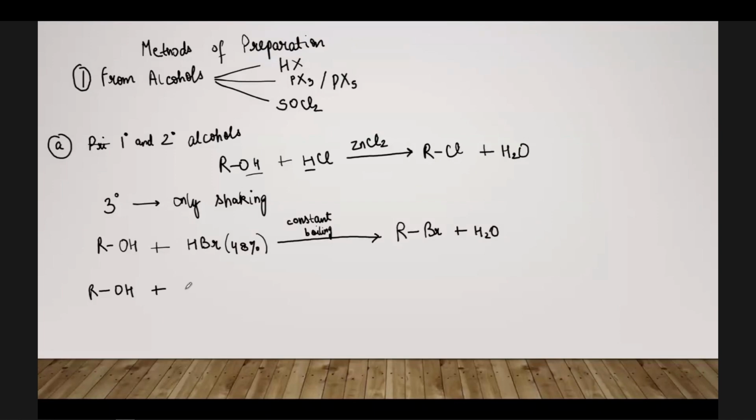So only because of the difference in their chemical and physical properties, this difference leads to these different kinds of reactions for the different halides. So this might be a little confusing.